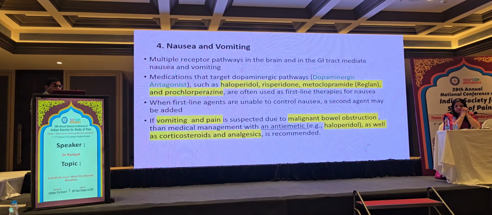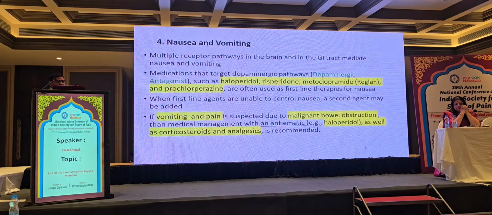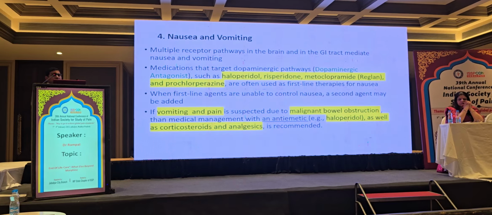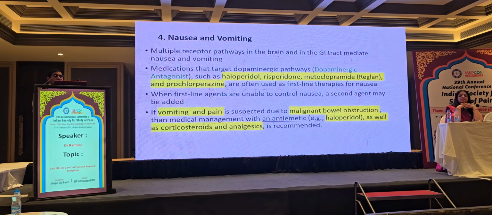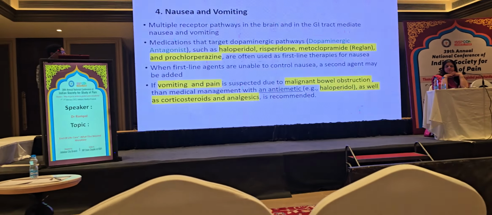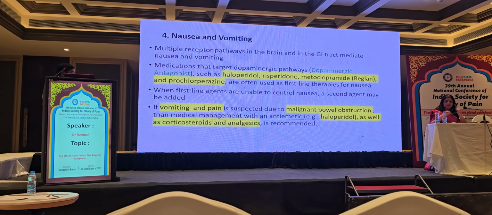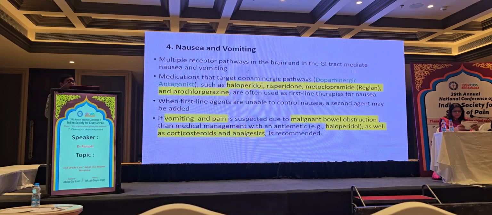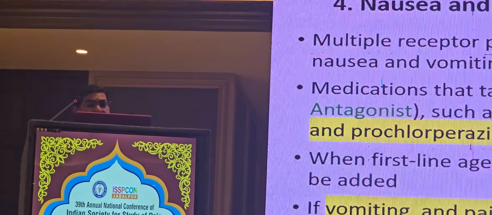For controlling nausea and vomiting, which is also a prominent feature, the same dopaminergic antagonists like haloperidol, risperidone, metoclopramide, and prochlorperazine are used as first line drugs. When first line drugs are not helpful, then we can use a second agent. If vomiting and pain are suspected due to malignant bowel obstruction, the medical management can include an antiemetic like haloperidol, corticosteroid, and analgesics.